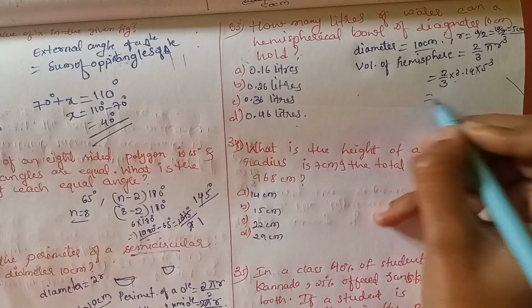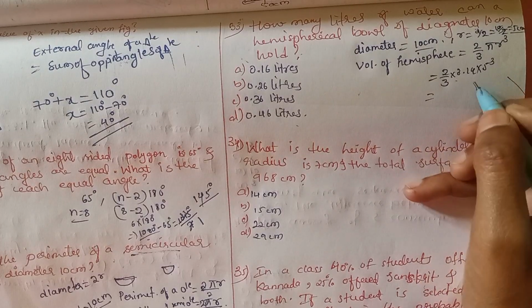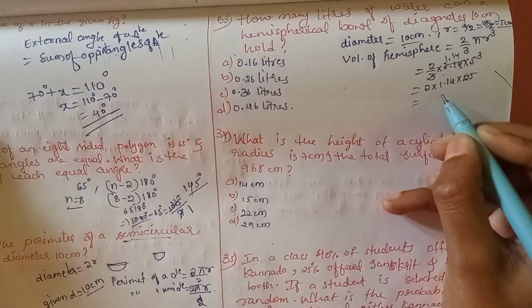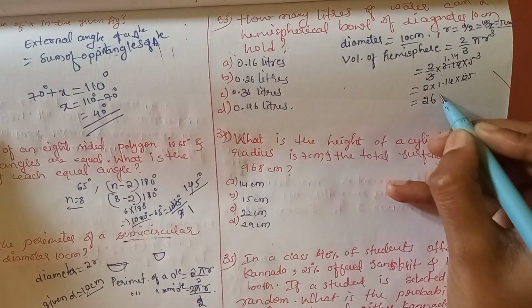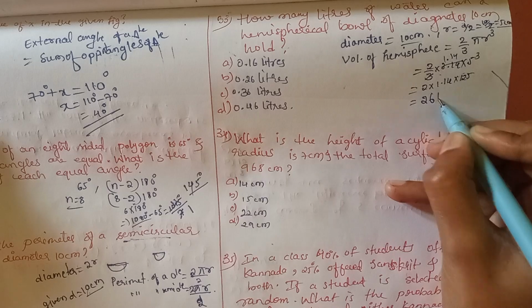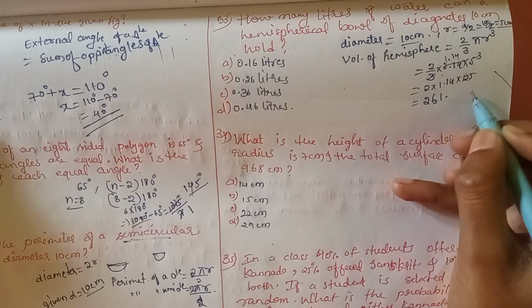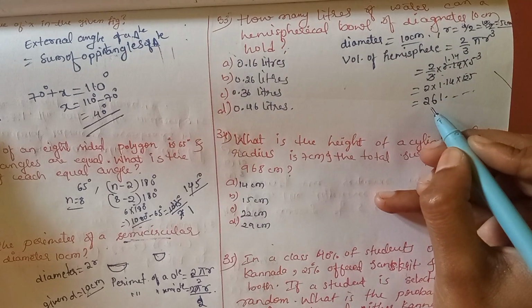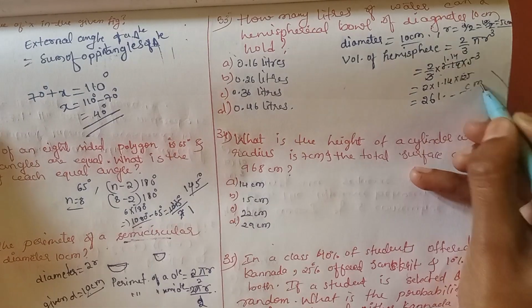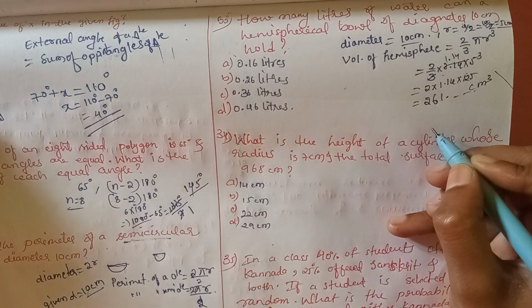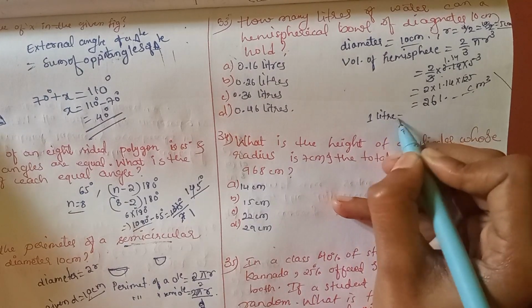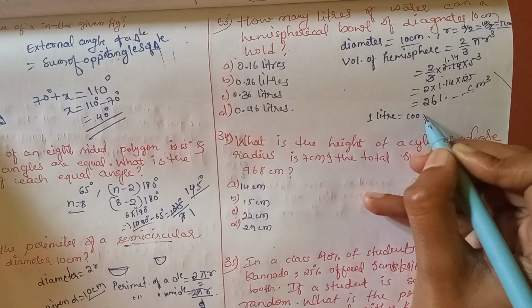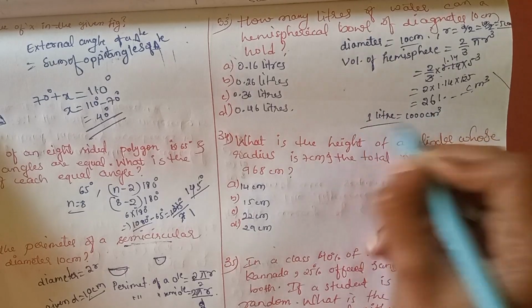5 cube, how much is it going to become? Almost equal to 261 point something. But what we have is the answer in cubic centimeter. To convert this into liter, we know that 1 liter is equal to 1000 cubic centimeter.